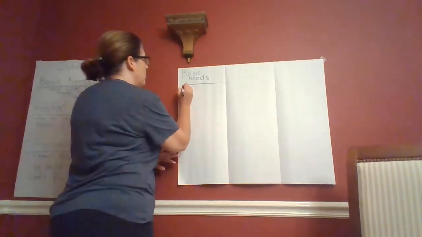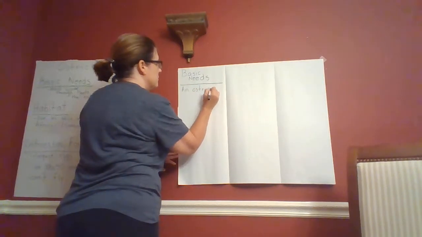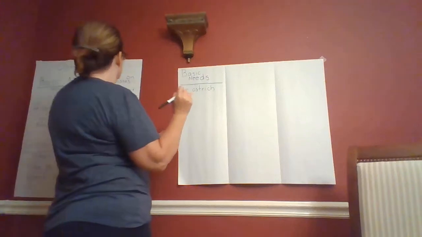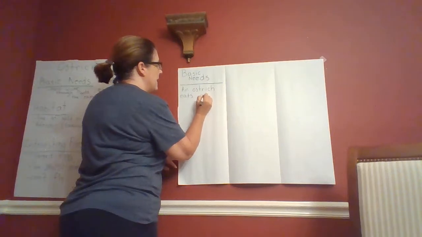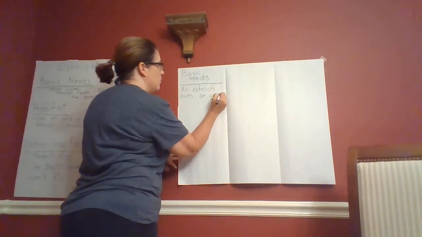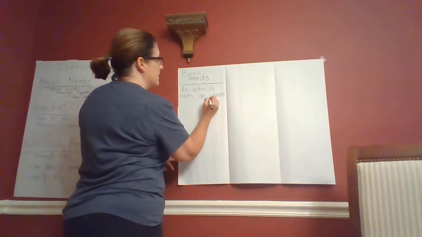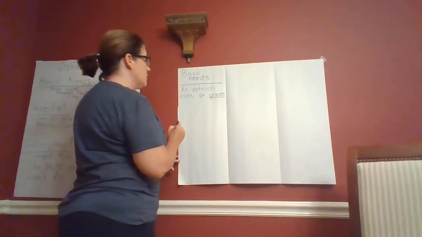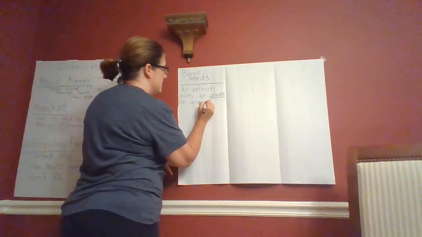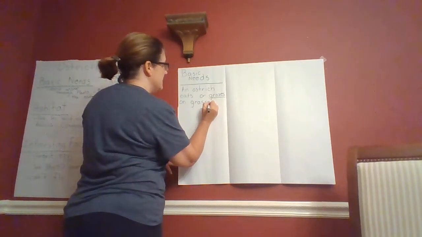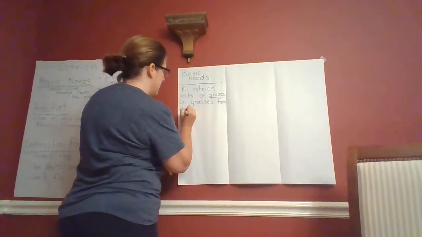So my sentence might start with, an ostrich eats or grazes, because that's a vocabulary word I liked in the research I used, or grazes on grasses from the plains.